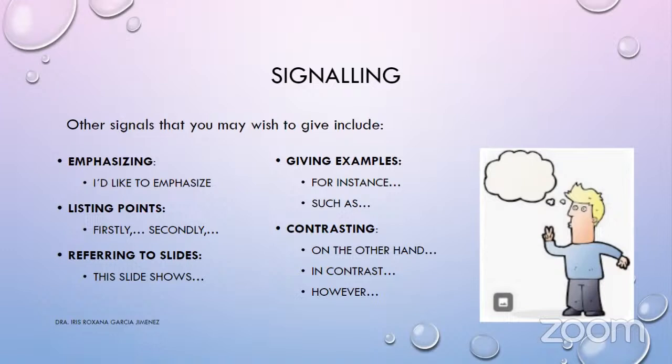Or maybe referring to slides: this slide shows, and then you talk about the information that the audience is checking. Or giving examples: for instance, such as, right? Or as you know, a resource that I love to use. Contrasting information: on the other hand, in contrast, however, okay.